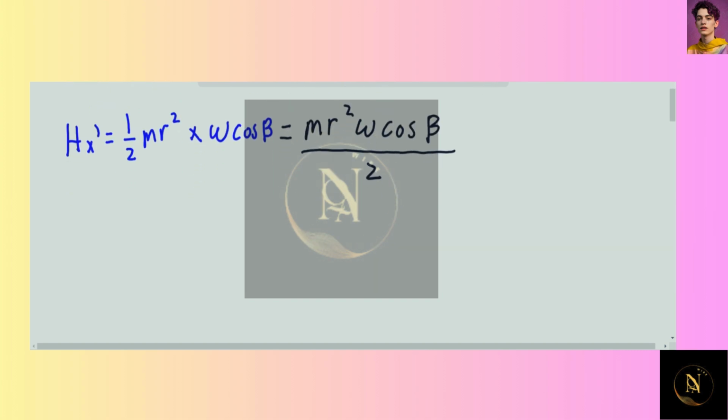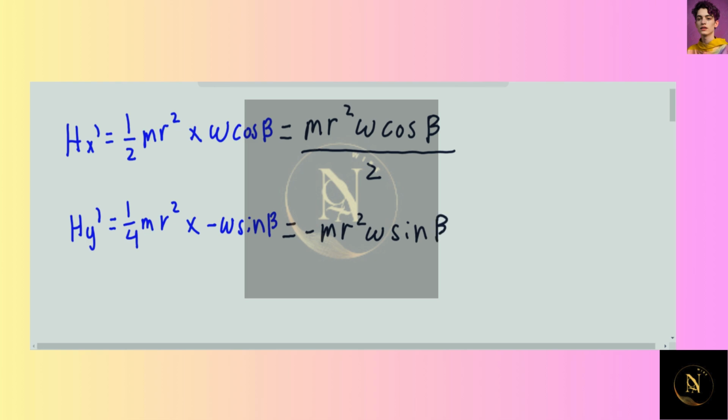Now for the y prime component. So it's the moment of inertia times the angular velocity. And we can simplify this as negative mr squared times omega times the sine of beta divided by 4.